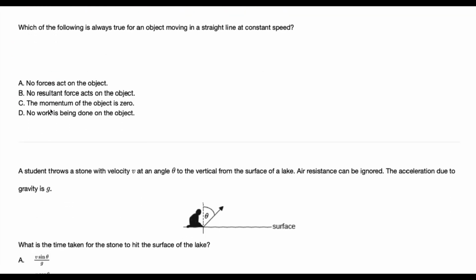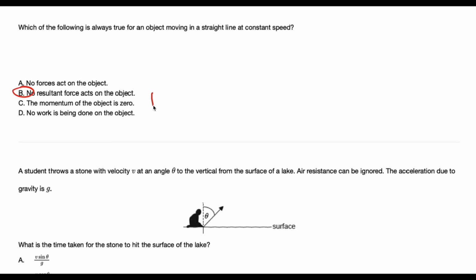Which of the following is always true for an object moving in a straight line at a constant velocity? No forces acting on the object. This is wrong, because as long as the resultant force of the system is equal to 0, it's going to move at a constant velocity. No resultant force acting on the object. This is true. The momentum of the object is 0.